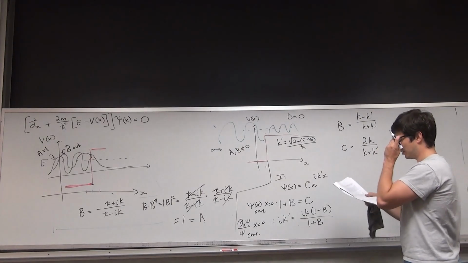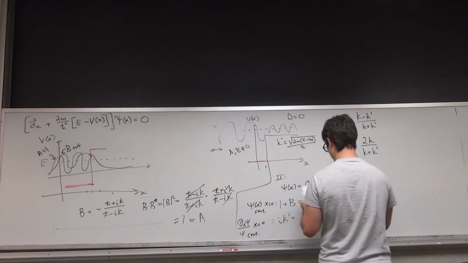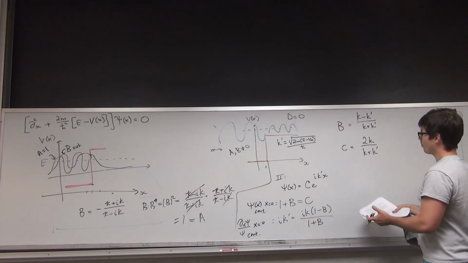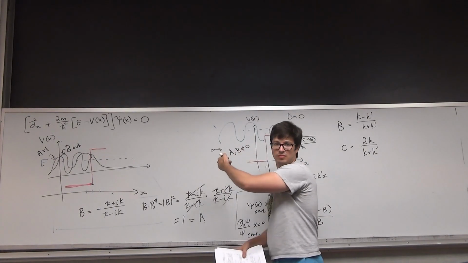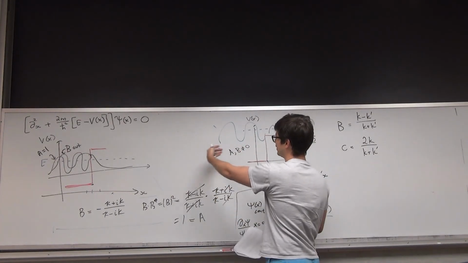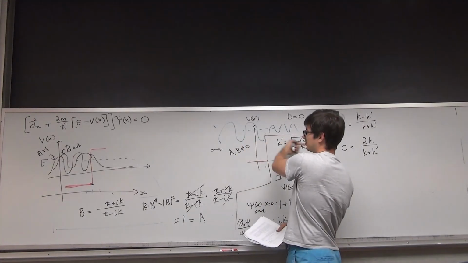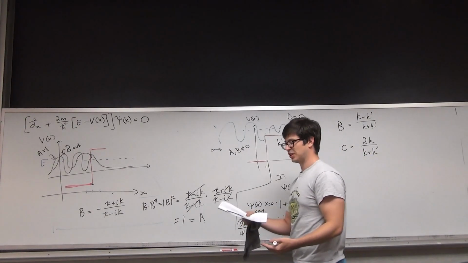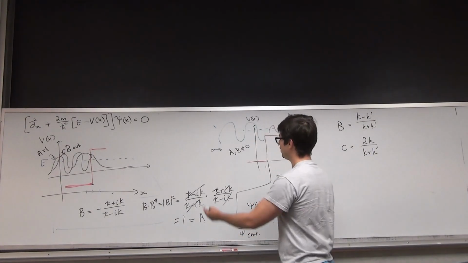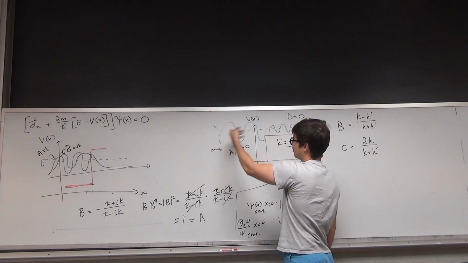So you have an incoming wave, shoot a particle in this direction. There's going to be some portion of it, sometimes it will get transmitted, and sometimes it will get reflected. And so there's a conservation of probability flux, because we know that whatever probability flux comes in, either it gets reflected or it gets transmitted.